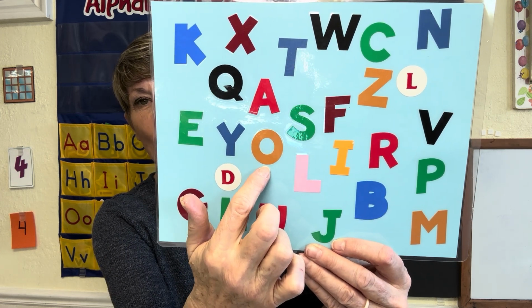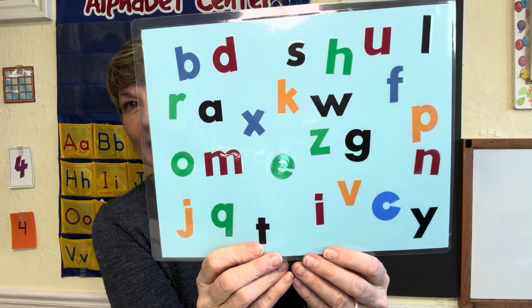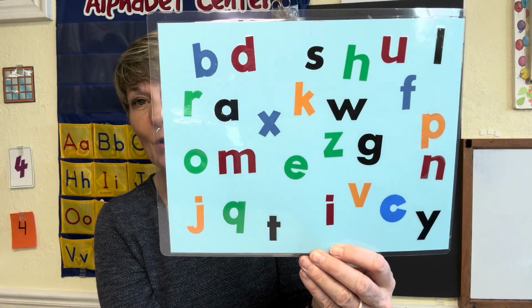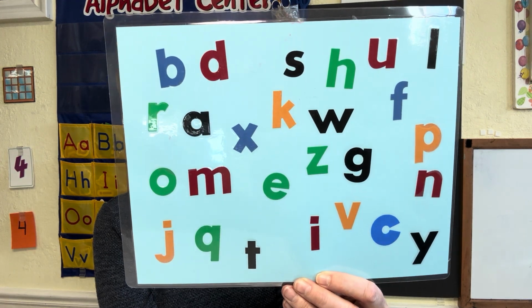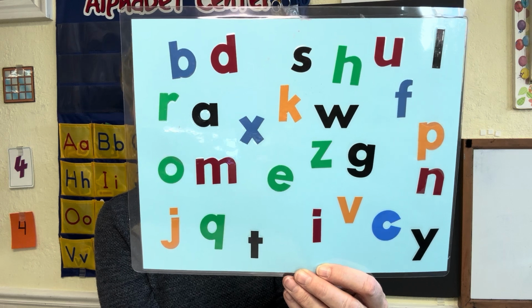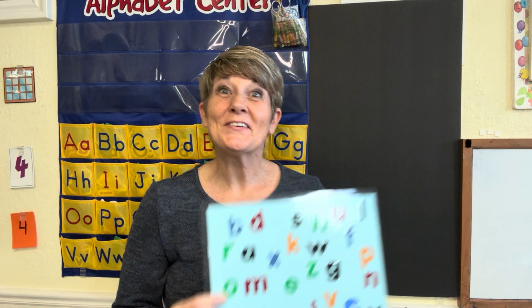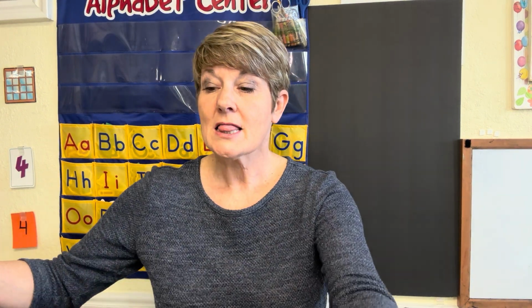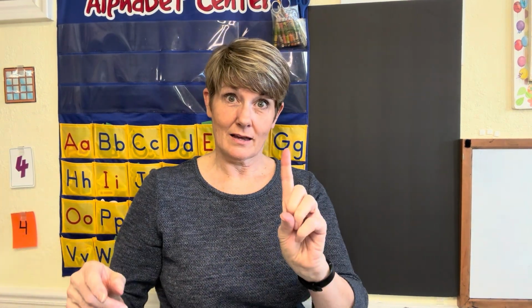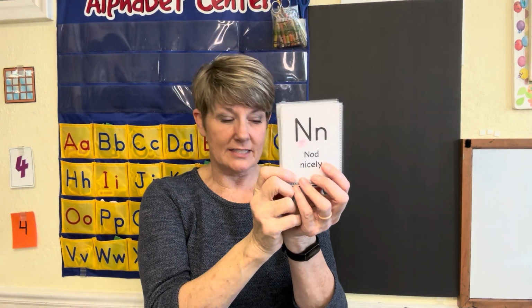There's our letter O. All right, let's try the other side. Can you find a lowercase o? Look carefully. What color is it? Green, you're right. There it is right there. Great job.